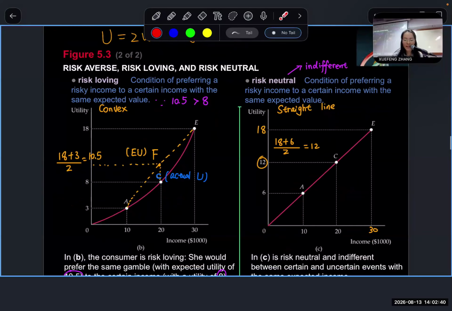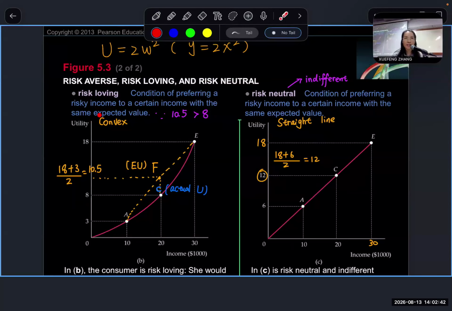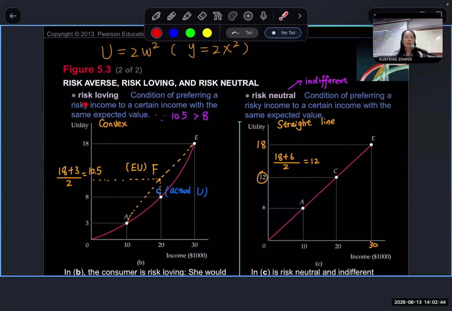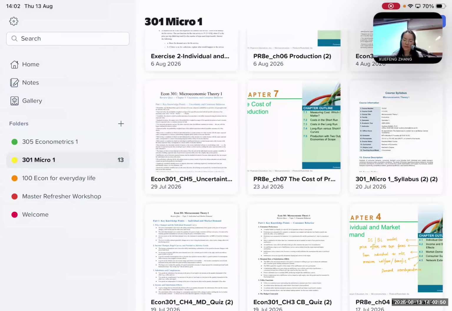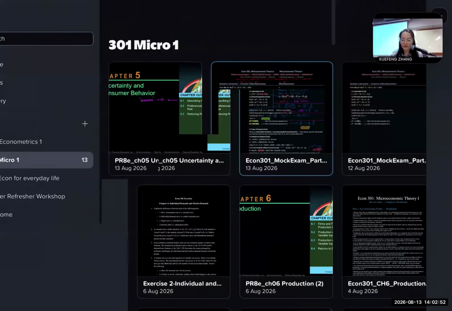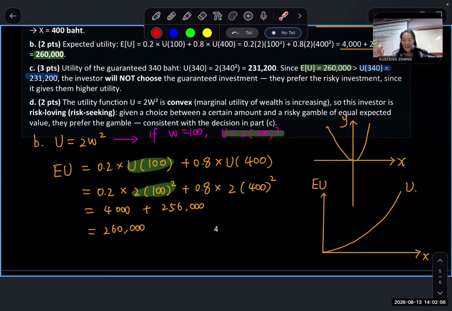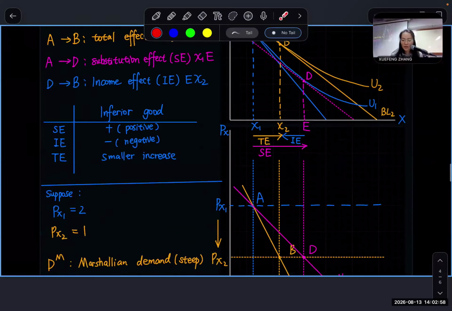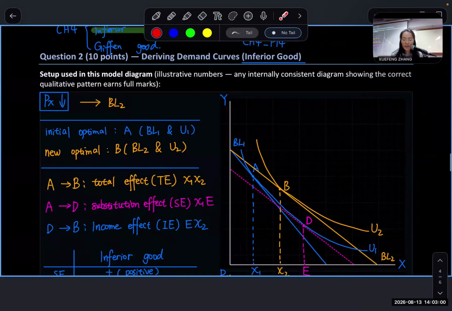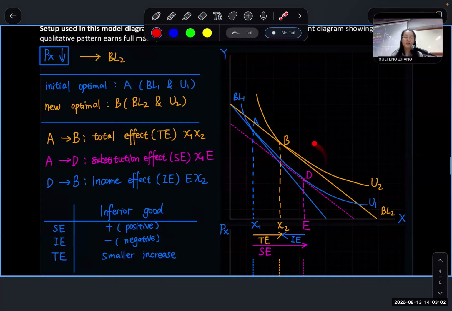So basically, this is convex, okay, and confirmed this investor is risk loving, okay. Okay, I finished explaining this one. Anything that you want me to emphasize? Can you draw this one on your own?